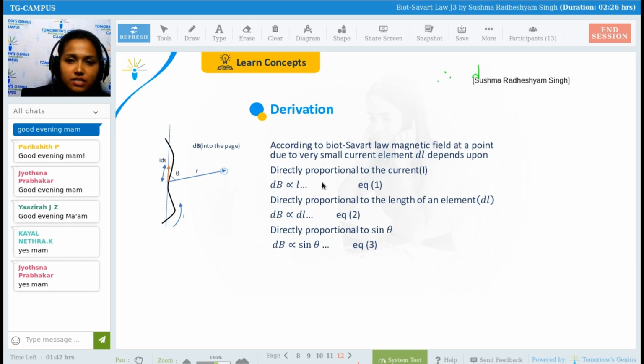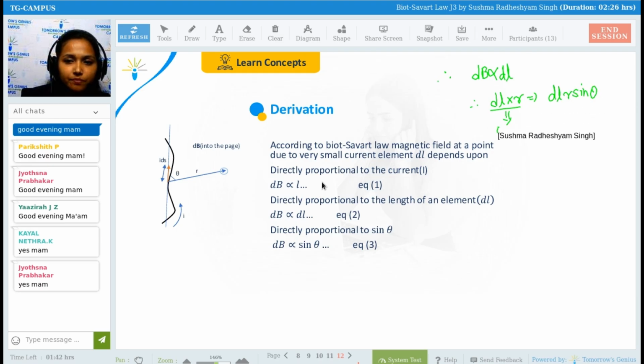So now, according to Biot-Savart law, your dB is directly proportional to the small length dl. And we know that dl cross r is nothing but dl r sine theta, because it is a cross product. Okay.